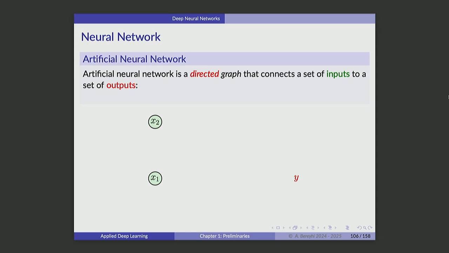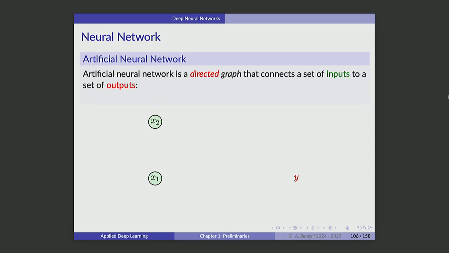So now, what is an artificial neural network? An artificial neural network is essentially a network, a directed graph, where you have lots of nodes, and all of these nodes are the artificial neurons, right? Say I have a bunch of inputs, for example two different inputs, x1, x2. This is the whole input. This is my image, for example, my audio, whatever signal or data I want to give to my model. And at the output, I have just one output.